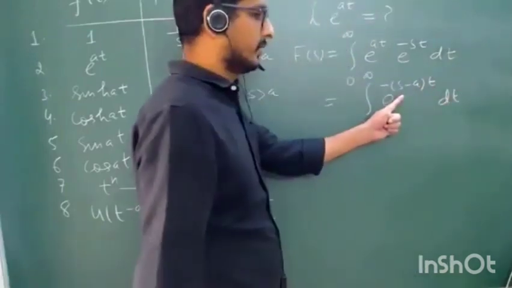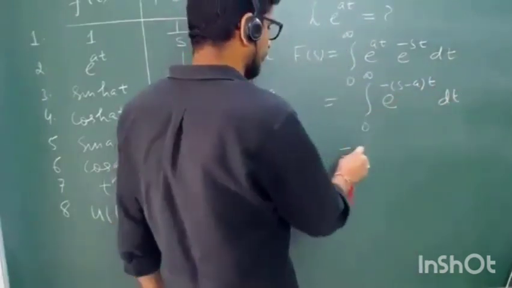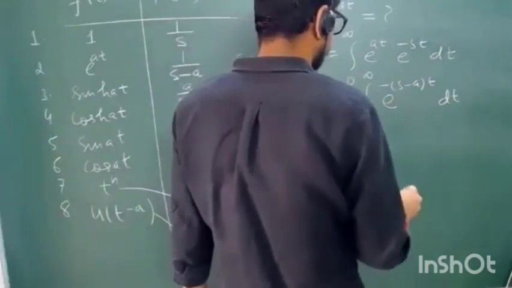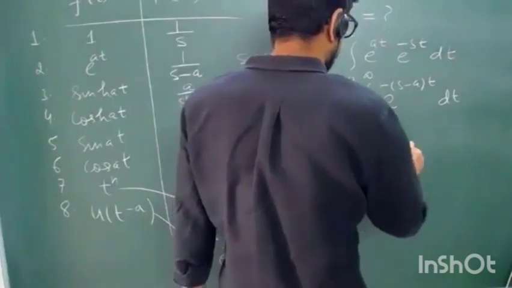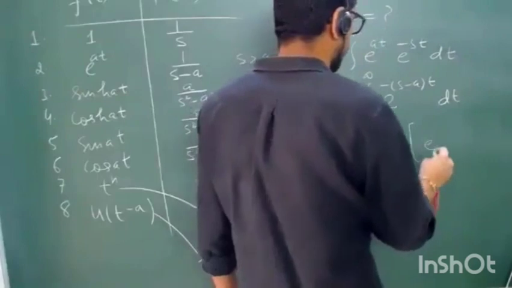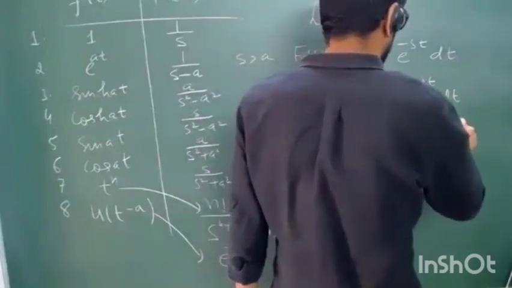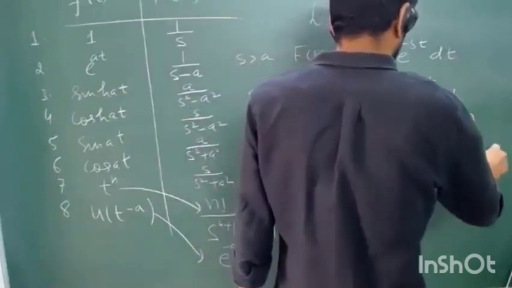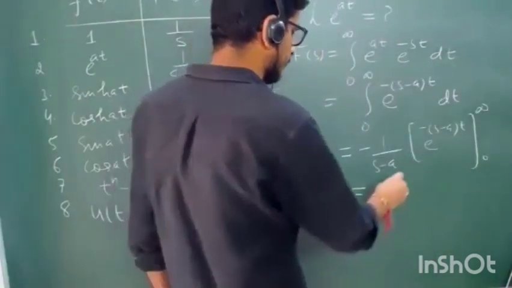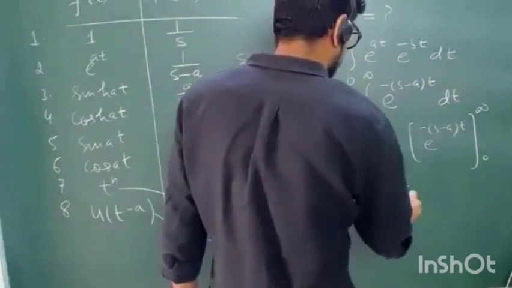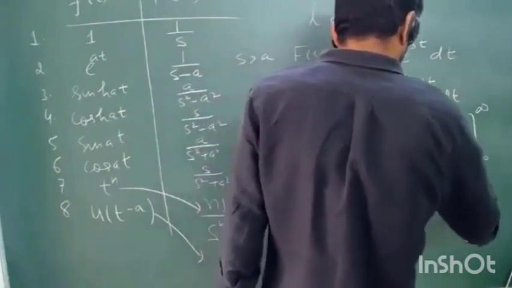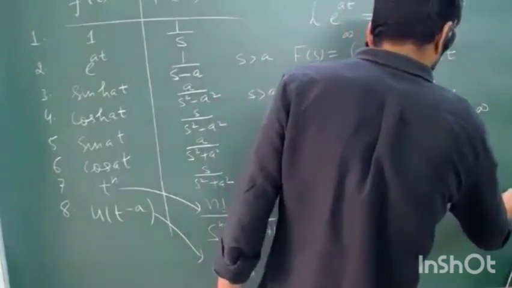Now that's why s should be greater than a, otherwise we can't integrate, we can't put limits. So it will become minus 1 upon s minus a, e to the power minus (s minus a)t, limits 0 to infinity. So it will become 1 upon s minus a, 0 minus 1. So that's why 1 upon s minus a.